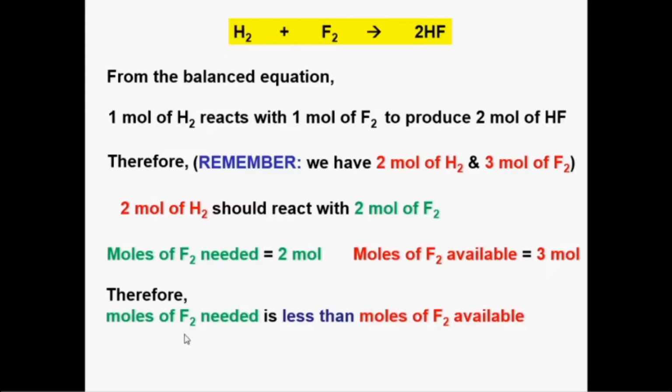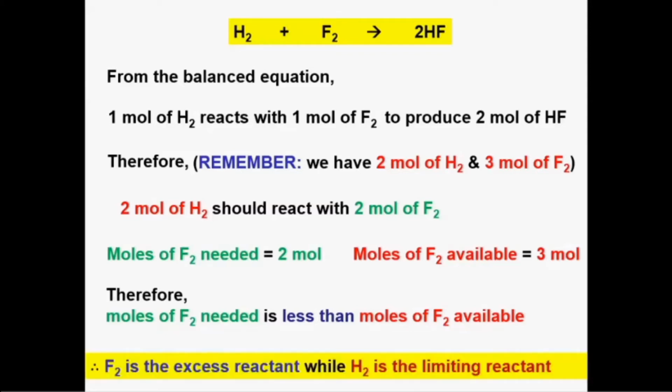Or we can say the moles of fluorine available is greater than the moles needed. So what can we say about fluorine? Fluorine is the excess reactant, while hydrogen is the limiting reactant.